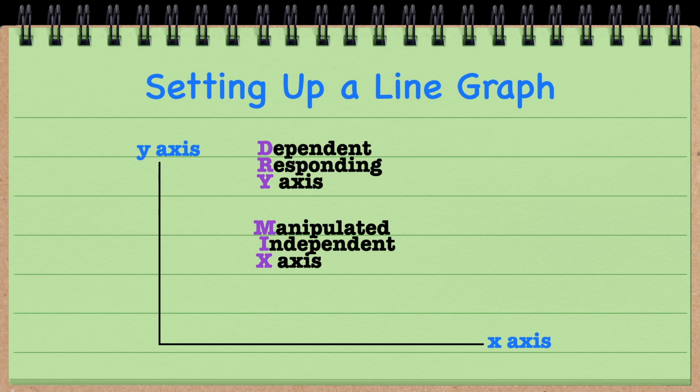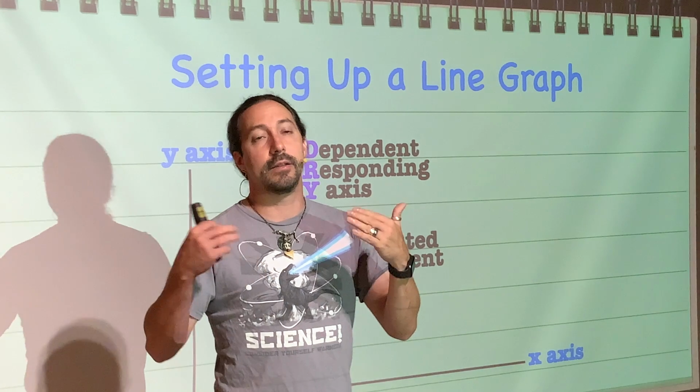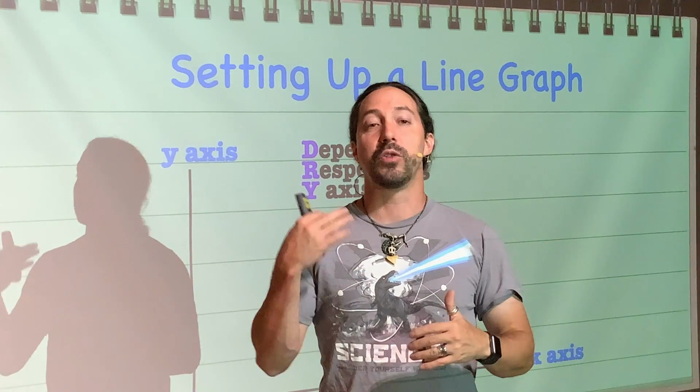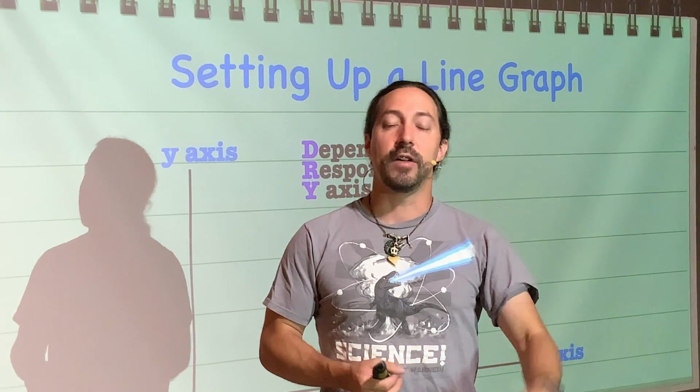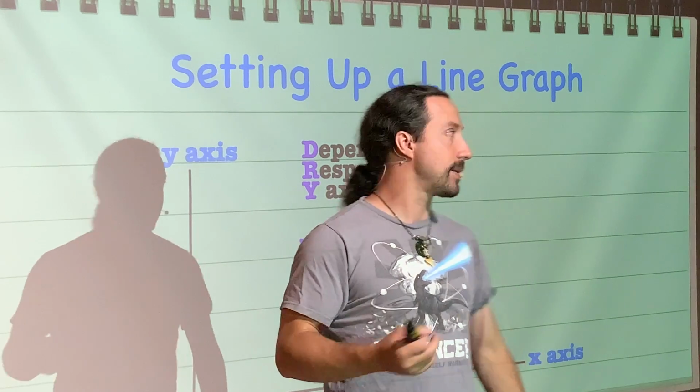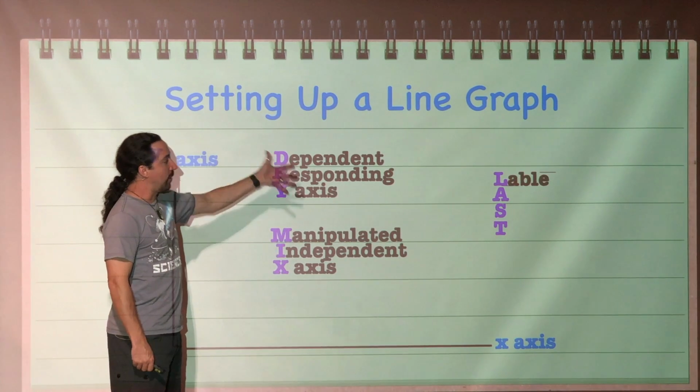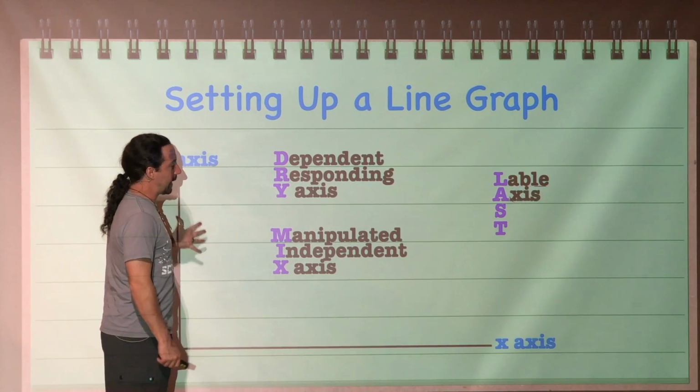So every single time that you set up a line graph, you are going to set up the dependent variable upon the y-axis and the independent variable on the x-axis. Another acronym to think about is LAST. So we're going to use these letters L-A-S-T. We have to label our data. We have to label our axes.